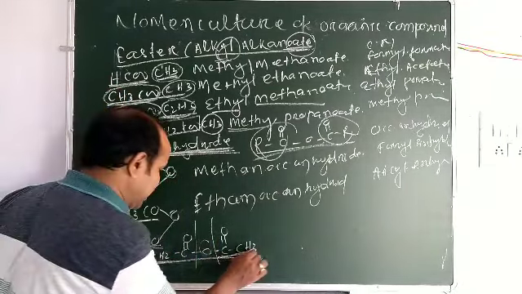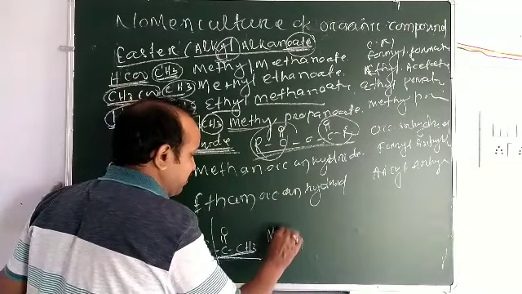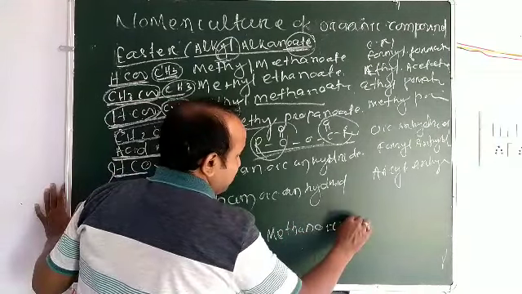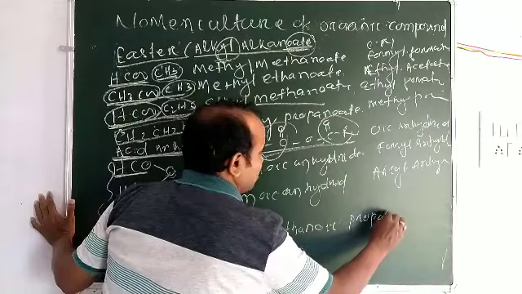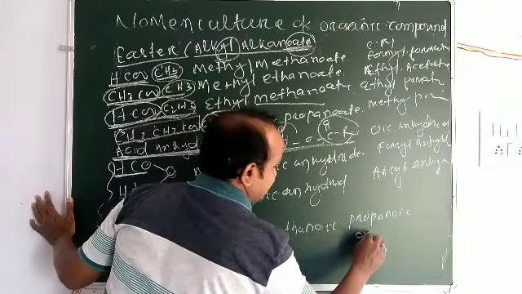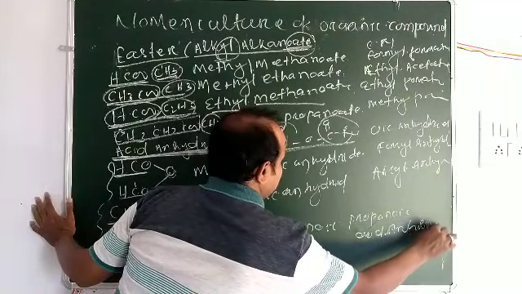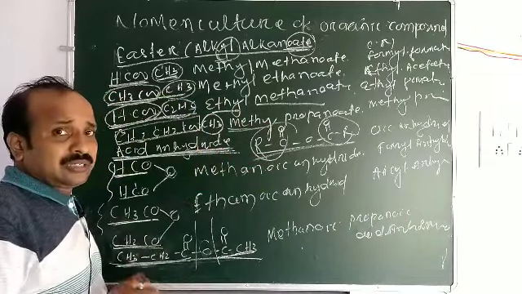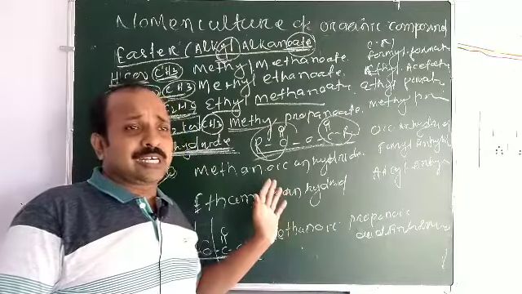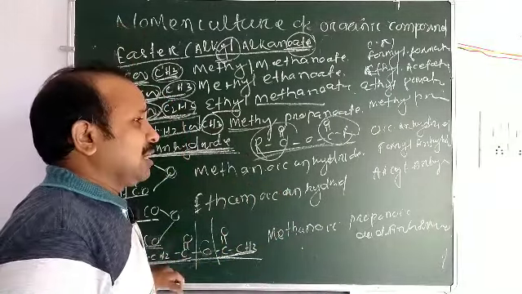So this is methanoic, this is propanoic. So you write methanoic propanoic acid anhydride. Clear? This is all about the process of naming organic compounds which contain ester and acid anhydride.